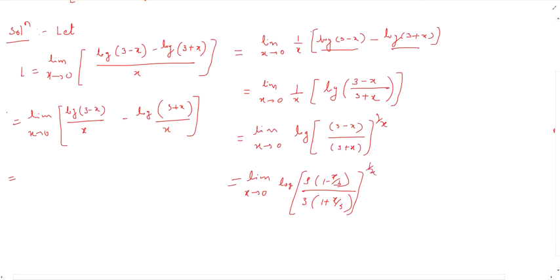raised to 1 by x. So is equal to limit x tends to 0, 3 gets cancelled, and log of this raised to 1 by x can be kept as it is, or here we can adjust this term: (1 minus x by 3) raised to 1 by x upon (1 plus x by 3) raised to 1 by x.